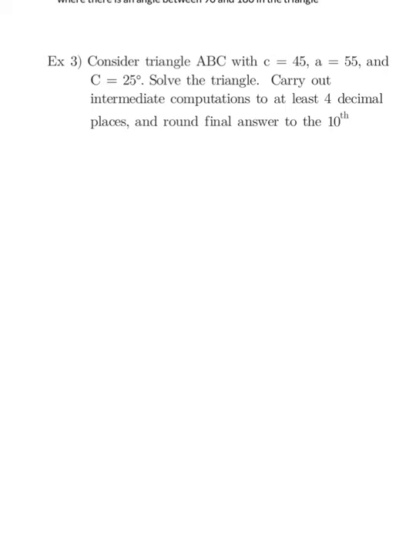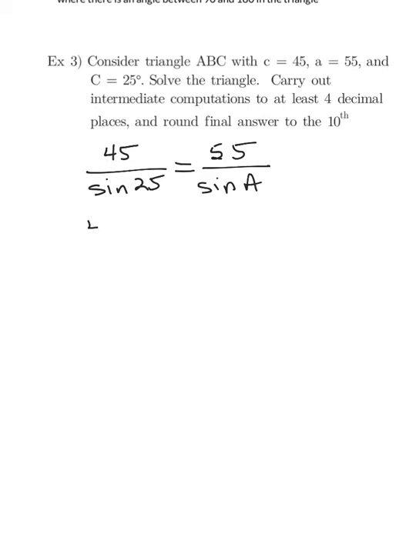So our side C of 45 goes over the sine of angle C, which is 25, and that has to equal side A of 55 over the sine of angle A, which we don't know. We are still going to solve by doing cross multiplication. In this case, we will have 45 times the sine of angle A equals 55 times the sine of 25.